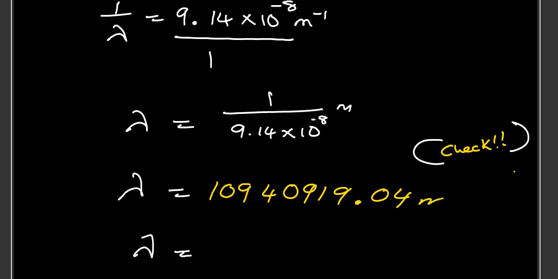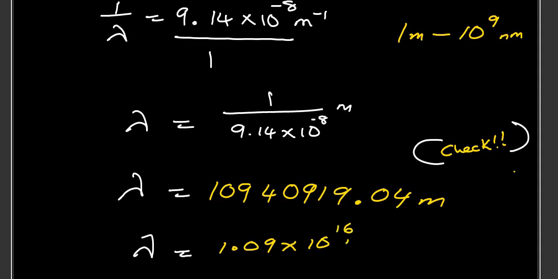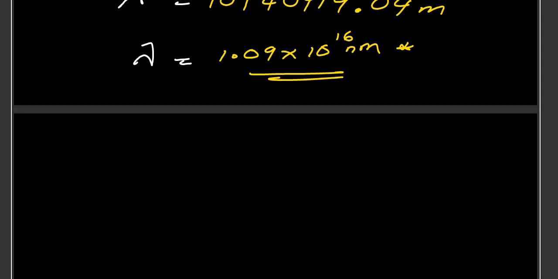Yes, this is what you are getting. Now if I convert this to nanometers, 1 meter is equal to 10 to the power 9 nanometers. So we get 1.09 times 10 to the power 7, plus that will be something like 16 if I'm not mistaken. For confirmation, you can check this at your convenience, but I'll resolve it tonight and send the answers using my calculator.